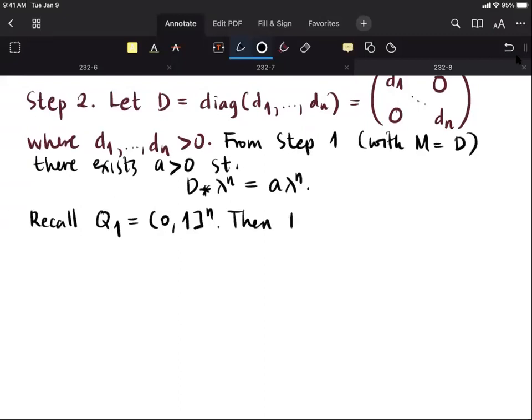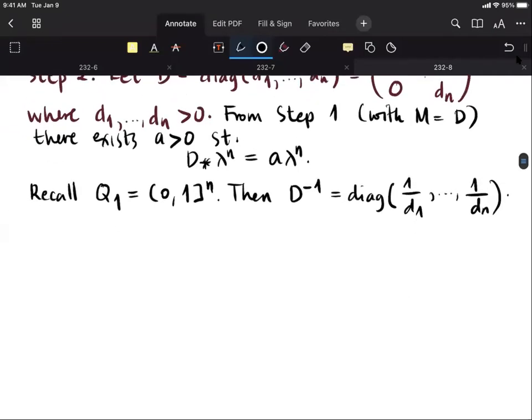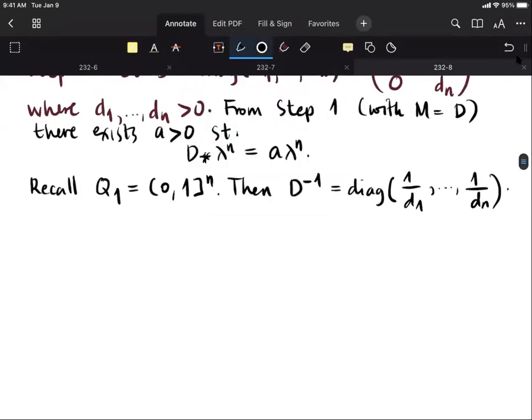Then take note that the inverse of a diagonal matrix is also a diagonal matrix, but now the entries in the main diagonal are the reciprocals of the diagonal elements of the original matrix D. So from this, let us compute the image measure of Q1 under this matrix D.